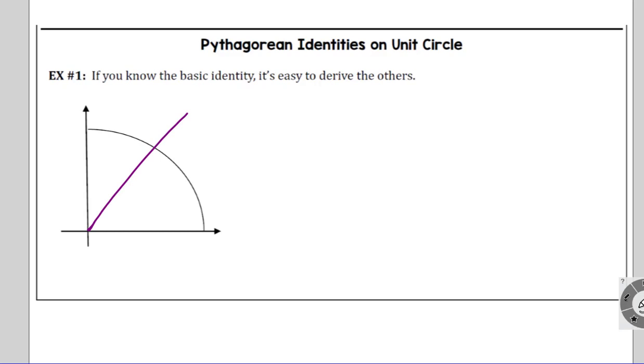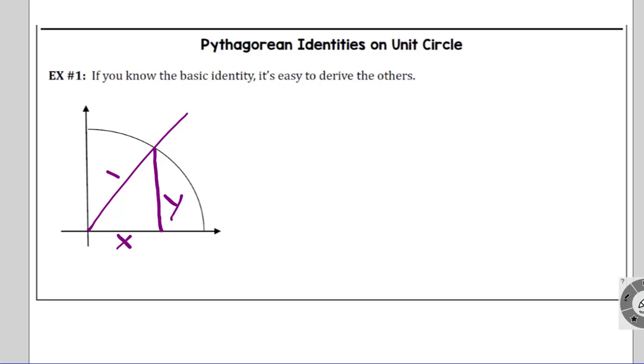So let's start by looking at any angle. When we find an angle on the unit circle, first of all, we know that the length of the radius is 1, and we can have coordinates x and y that describe how we get to that point on the circle. We can go x units left or right, y units up or down.